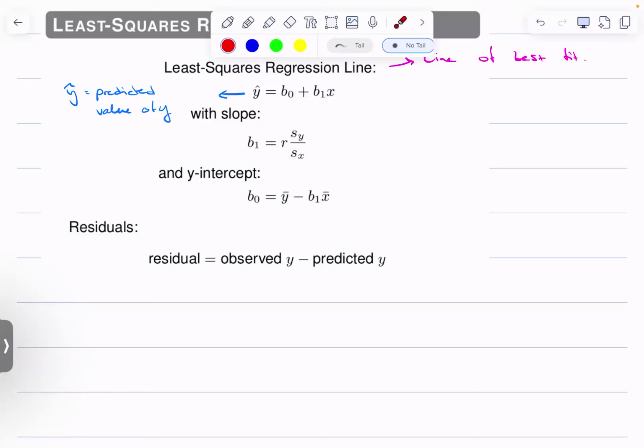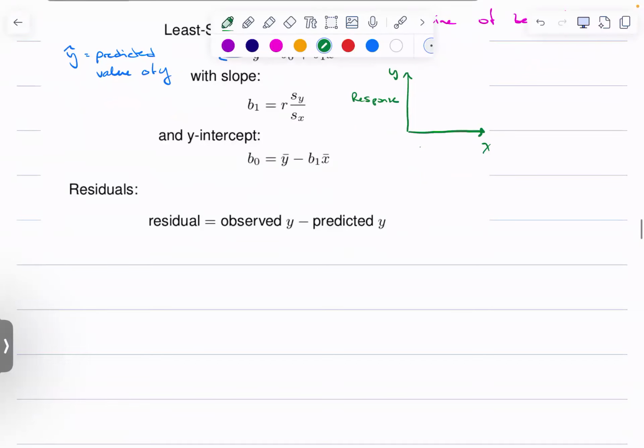Okay. You can plug those in, making sure that you're really, really careful with your Y and your X, right? SY is the standard deviation of your response variable. And SX is the standard deviation of your explanatory variable.